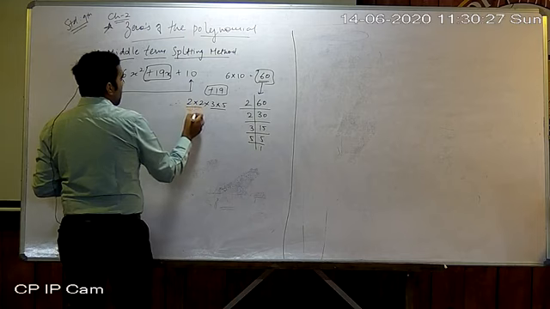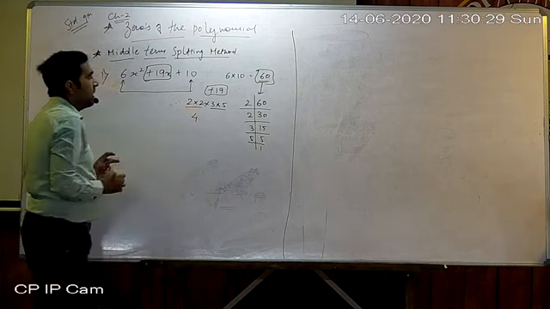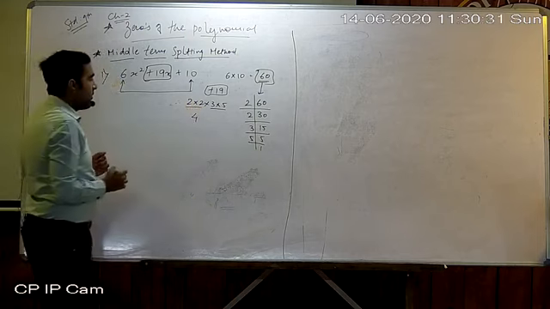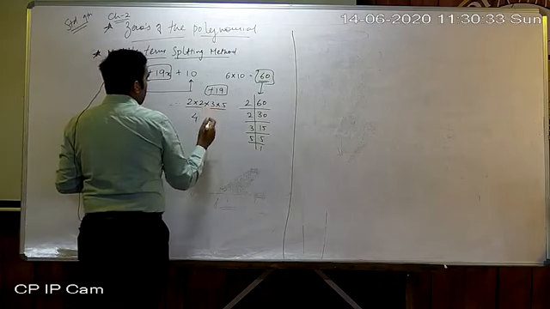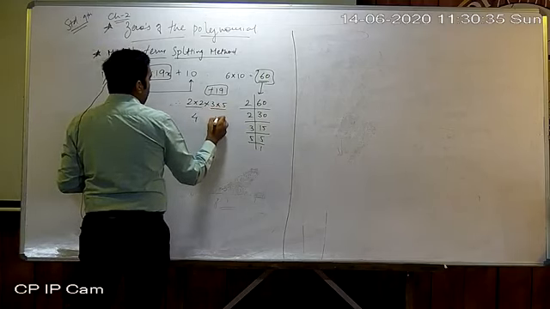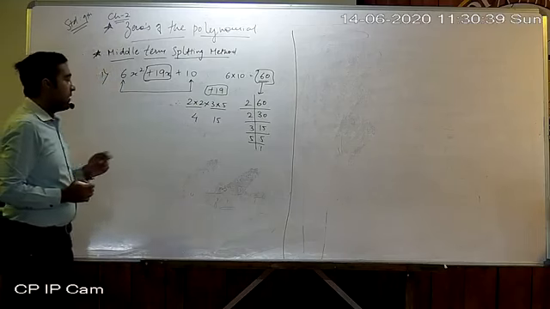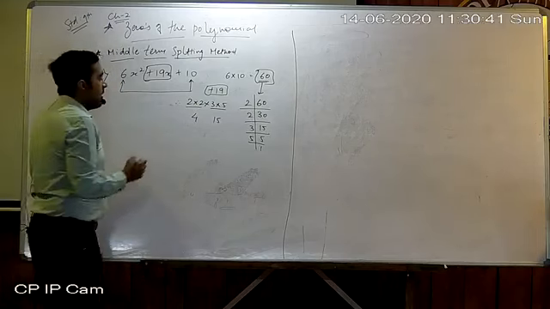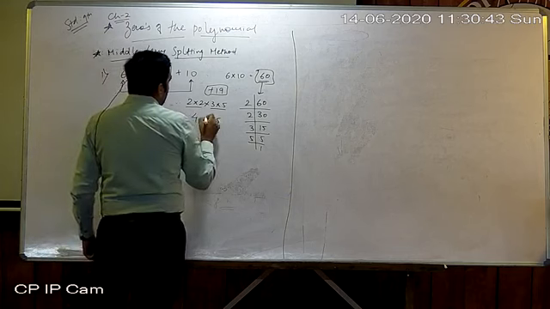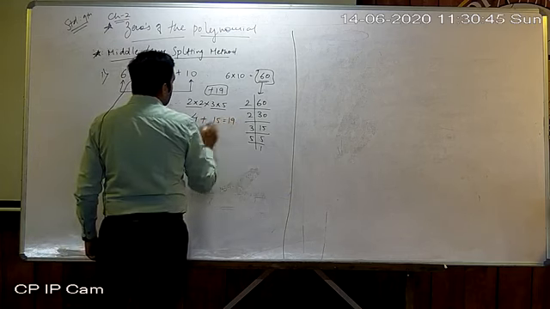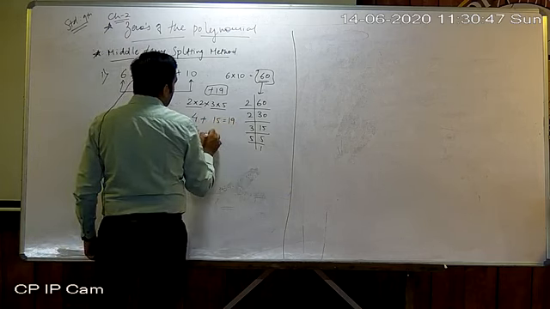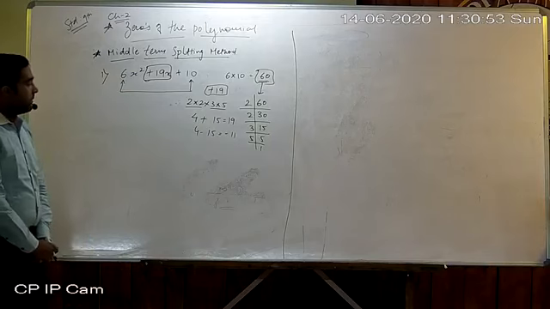From the first two, 2 2s are 4, and from the last two, 3 5s are 15. So here we found two numbers, 4 and 15. When I add 4 plus 15, that is 19, and when I subtract 4 minus 15, that is minus 11.